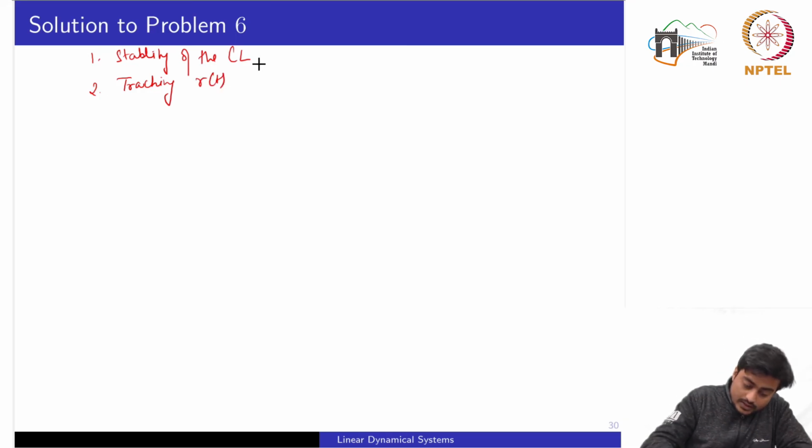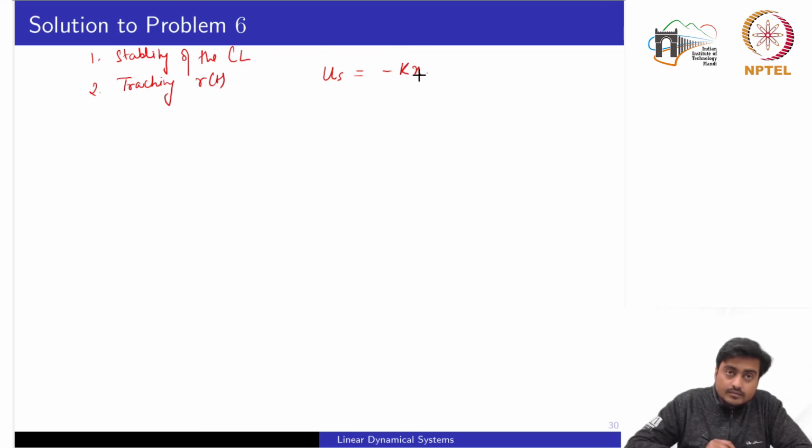Okay, so for the stability, we can design a state feedback system by using, let's say, us = −kx. Now for tracking, here we would design a multivariable PI controller, because if you recall from your UG control class, for tracking a reference signal, a PI controller gives a better performance.